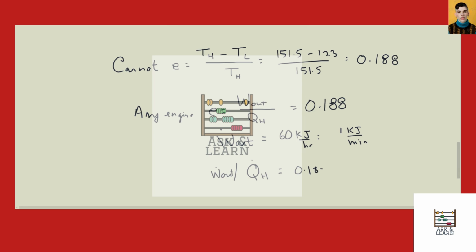Just turning those into rates does not change the fraction there. And so QH dot, the rate at which heat is absorbed, is simply 5.32 kilojoules per minute.